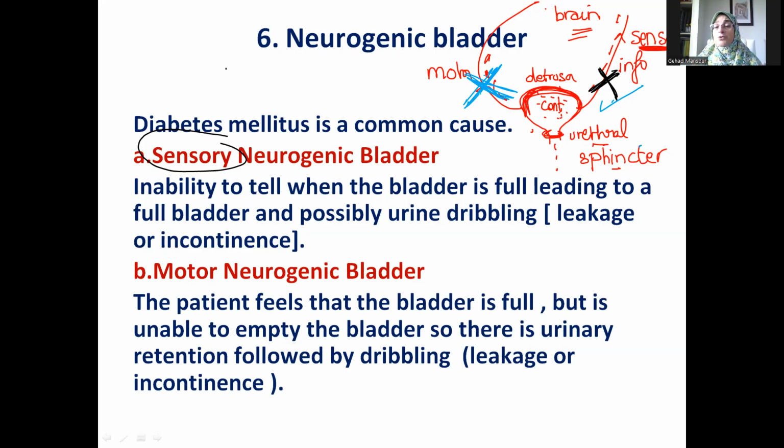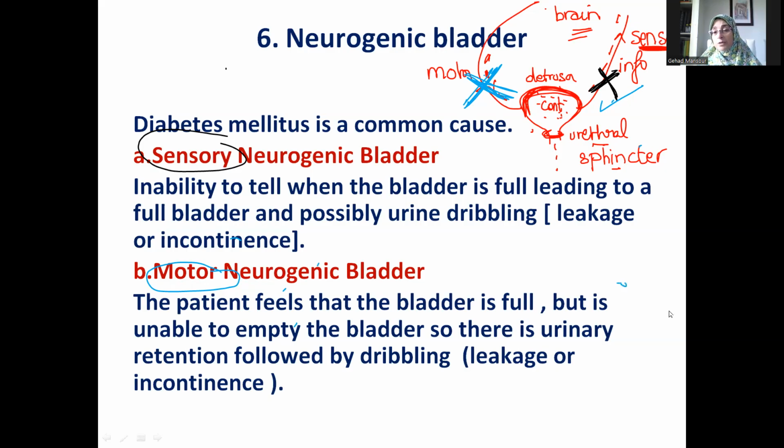Of course, it is extremely painful, because the patient feels that the bladder is full but cannot do anything about it until comes a time again when there is overflow, incontinence and dribbling.